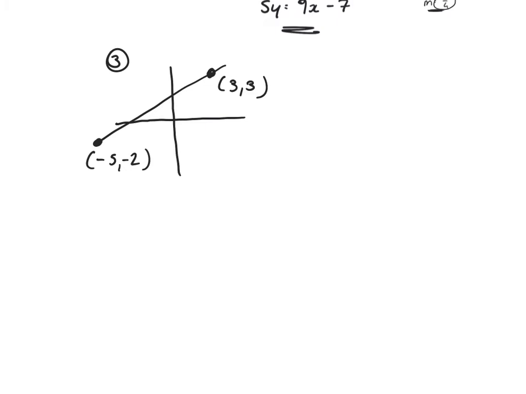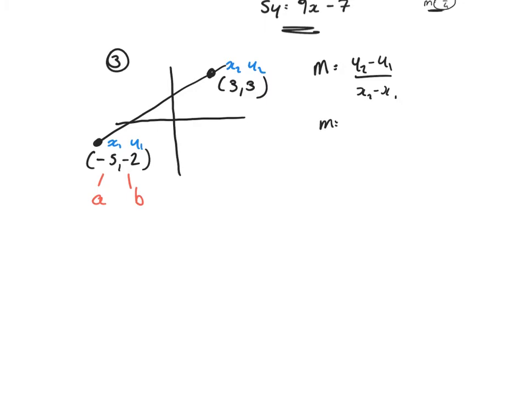I'm going to choose one of the points and call it AB, so at random, I'm going to choose this one. And then it's x1, y1, x2, y2. Gradient: y2 minus y1 over x2 minus x1.